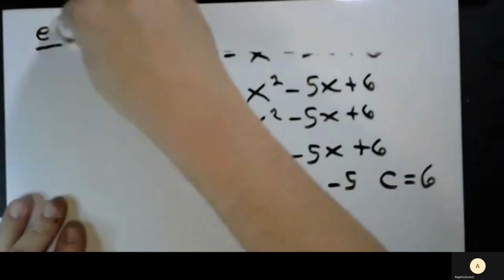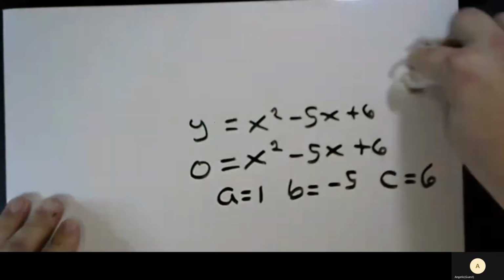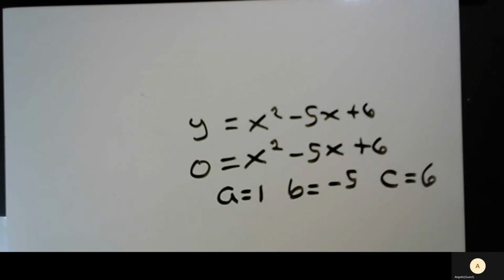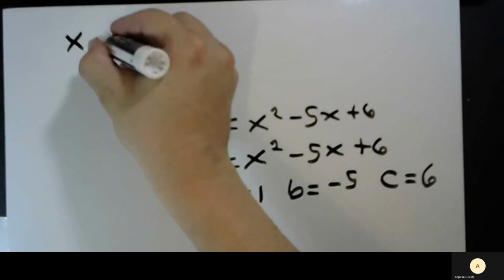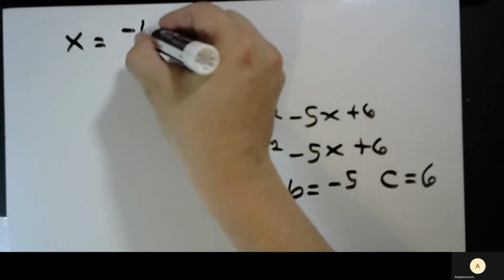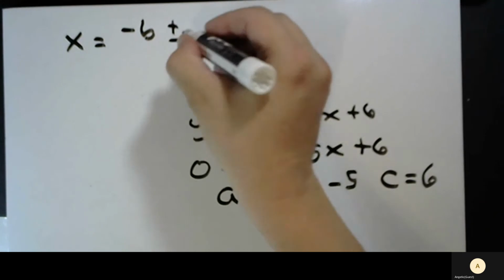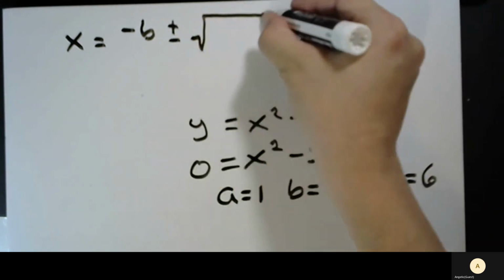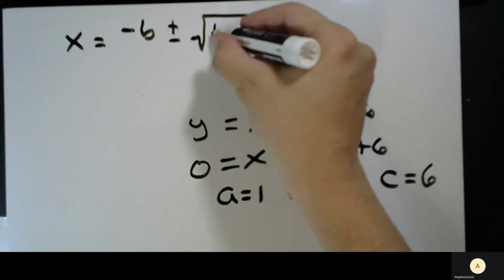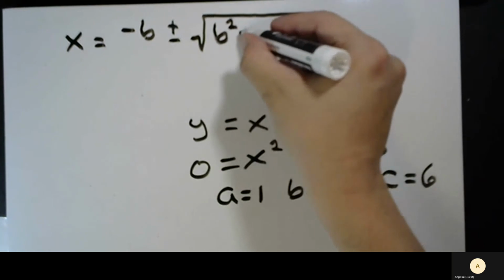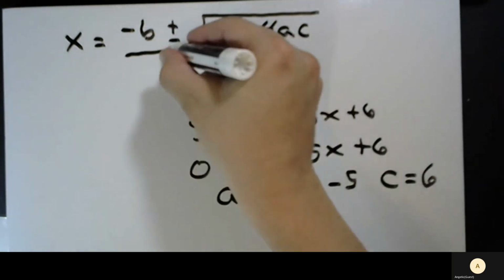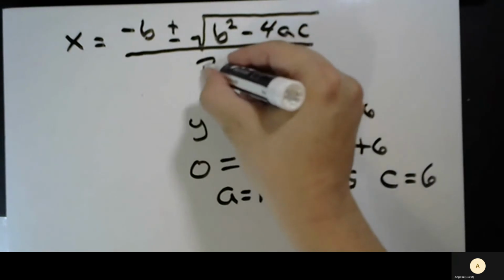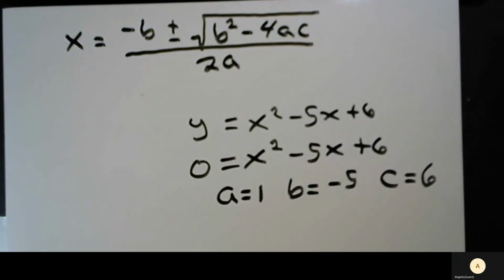So going back to the quadratic formula, x is negative b plus or minus square root of b squared minus 4ac, divided by 2a.